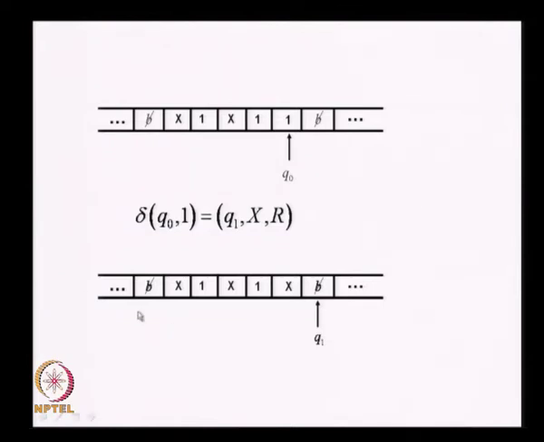So, it moves back and then it has to print a B here, where capital B denotes a 1 and A denotes a 0. So, it has to move left and print a B in this position.